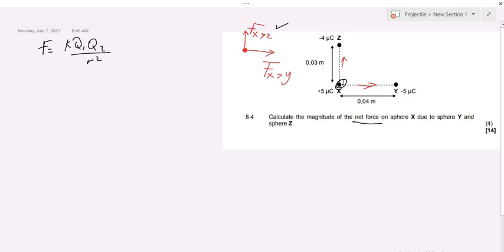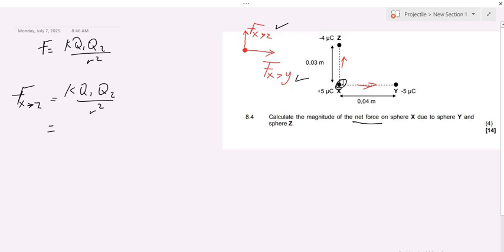We need to know force X due to Z, we need to know force X due to Y. So we are going to calculate one force at a time. Let's start with F X due to Z, F X due to Z, okay, equal to k q1 q2 over r squared.